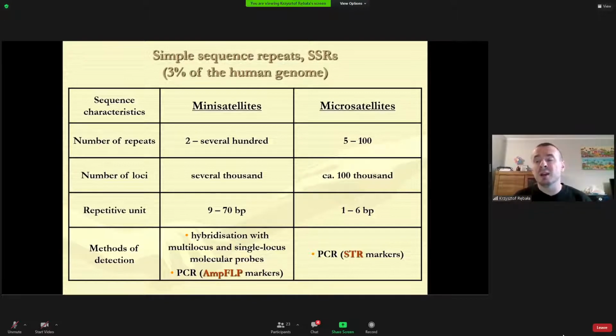In case of degraded DNA, there is a much higher success rate in analysis of microsatellites, also commonly referred to as short tandem repeat STR markers.